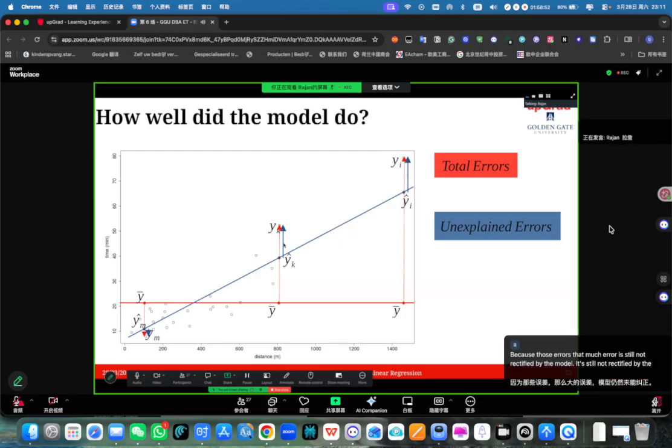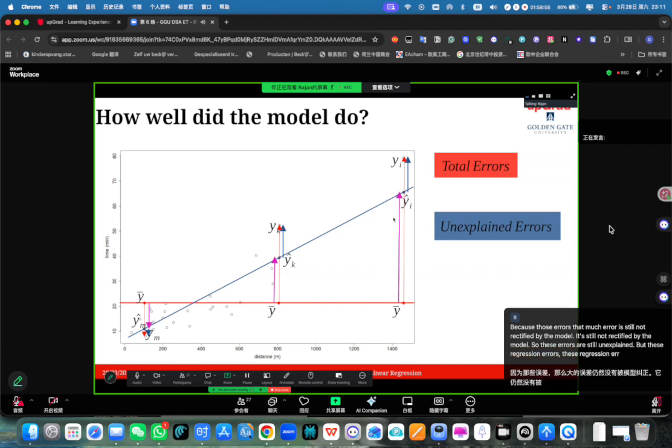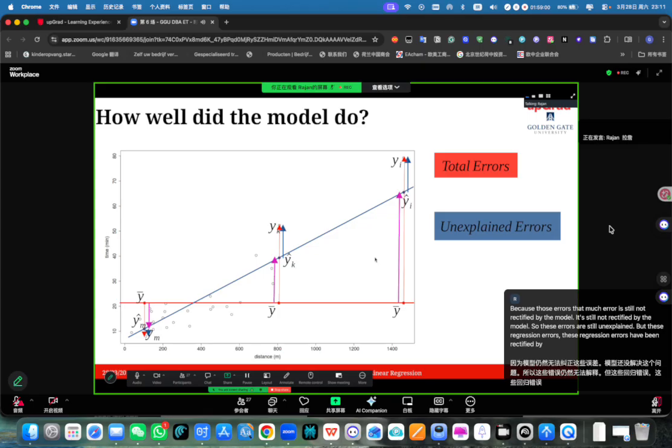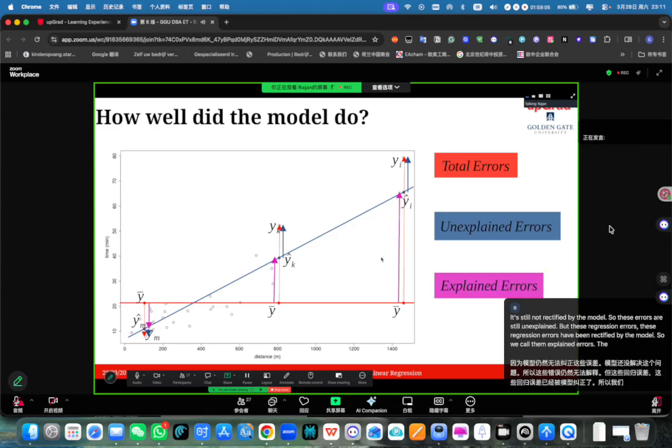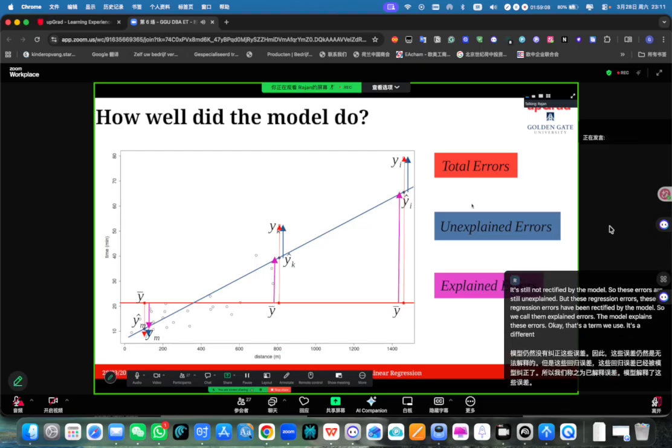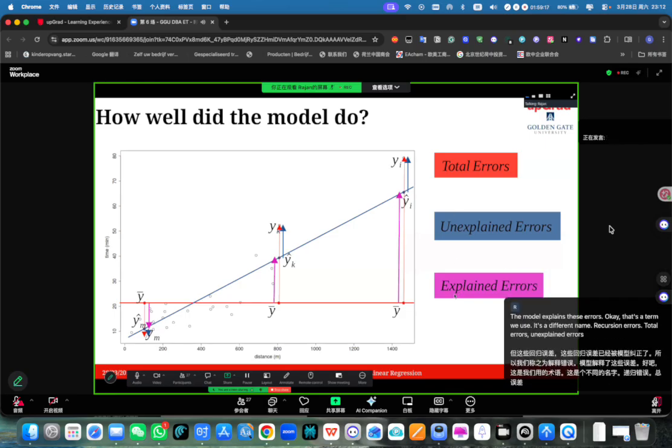So these errors are still unexplained. But these regression errors have been rectified by the model, so we call them explained errors. The model explains these errors. That's a term we use. It's a different name: total errors, residual errors, regression errors; total errors, unexplained errors, explained errors.